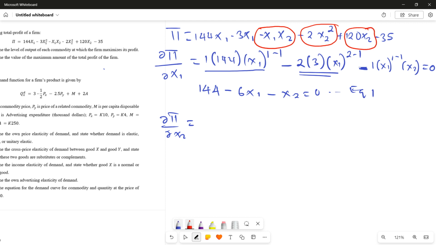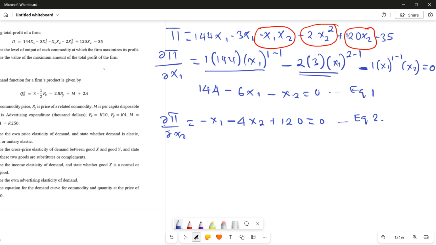So if I differentiate that term minus x1, x2 with respect to x2 this time around, I'll just get my minus x1. And then the next term there, negative 2x2 with respect to x2 will give me minus 4x2. And then the last term will just be positive 120. This should also be equal to 0. And let's call this equation 2.